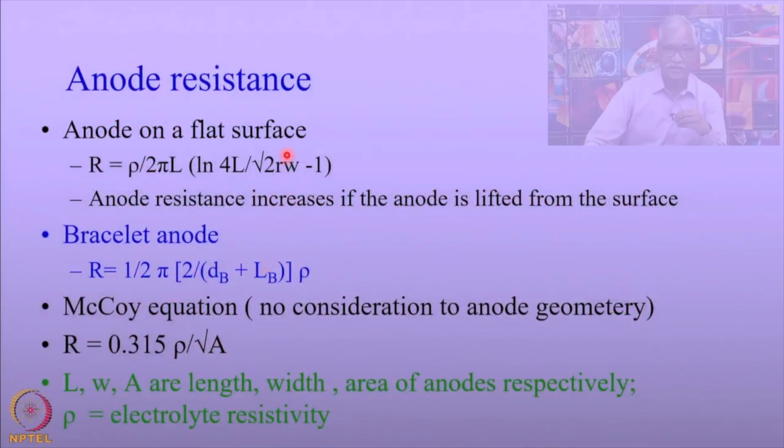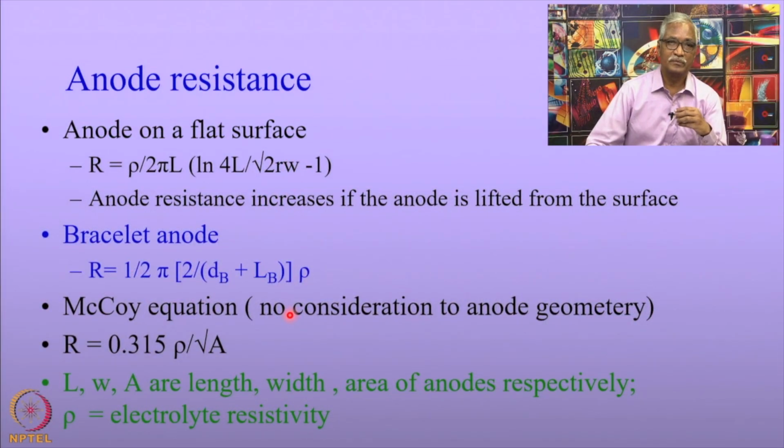If you notice, they are significantly different from what was used for calculating the resistance of anode beds in the soil. And if you are going to use bracelet anodes, we talk about the diameter of the bracelet anode and the width of the bracelet anodes.